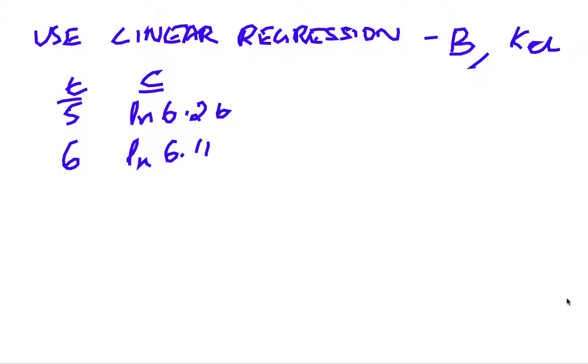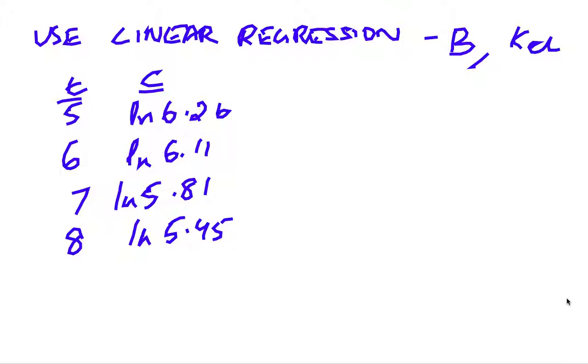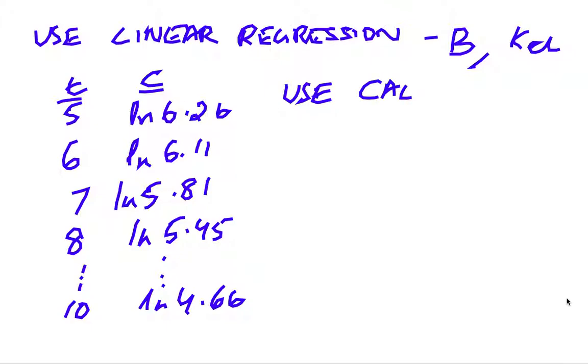For 7 hours, natural log of 5.81. For 8 hours, natural log of 5.45, and so on up till 10, natural log of 4.66. So we have to use your calculator in statistics mode.